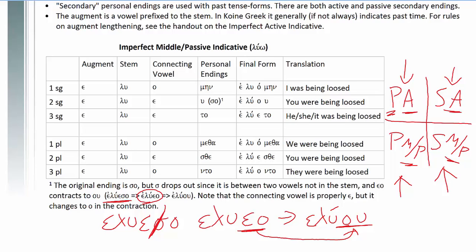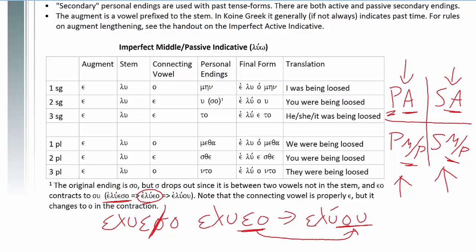So we're saying being loosed to capture the passive sense of the verb. So it's not that I was loosing actively, but it's passively I was being loosed by someone else. Or it could be a middle translation as well. I've really only done the passive translation here because the passive is probably usually more common than the middle.